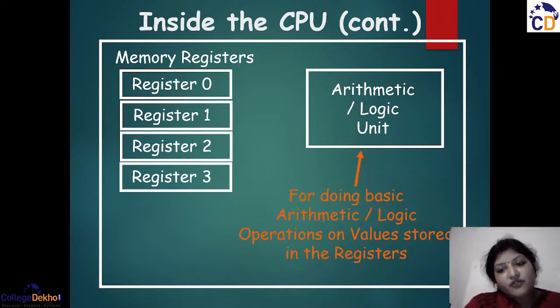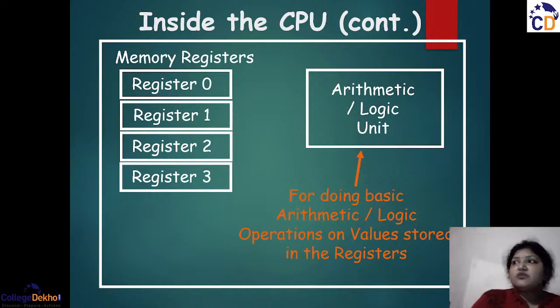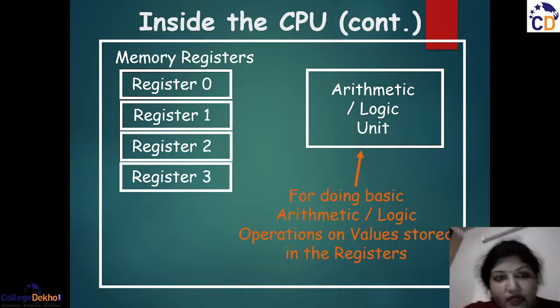The first unit performs the operations on values stored in the registers and stores the results in the registers, right? So we have memory registers, we have the first unit, that is the ALU, the arithmetic and logic unit. The second unit we have is the control unit, and the third unit we have is the memory unit.